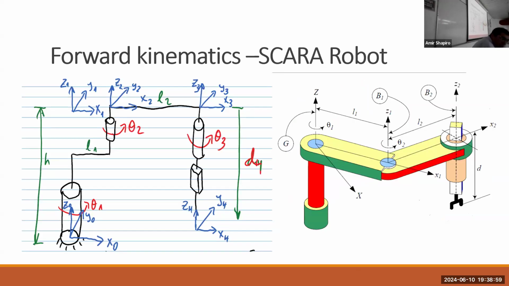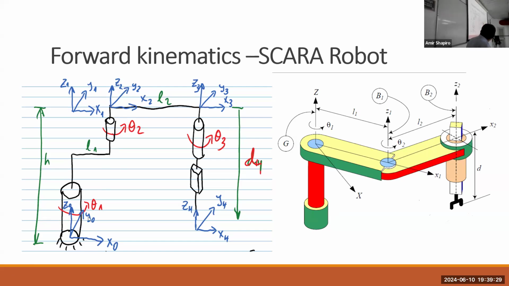We can do some example of a SCARA-like robot, as you can see in the drawing on the right. The reference frames that we took at the beginning, when angles are 0, are all parallel to each other.